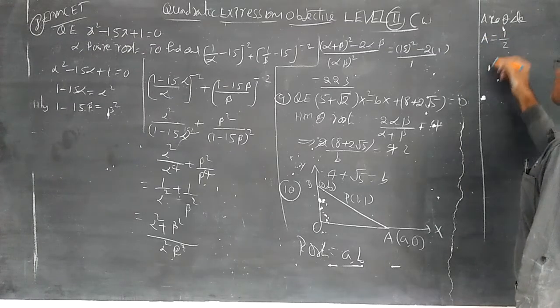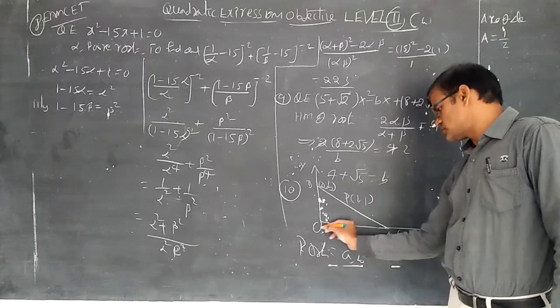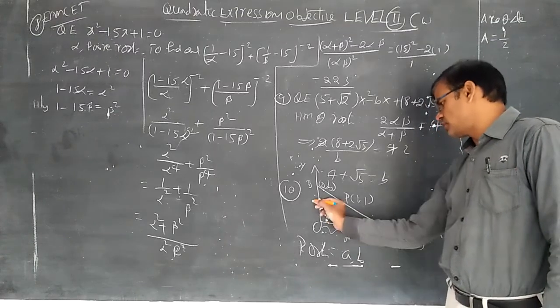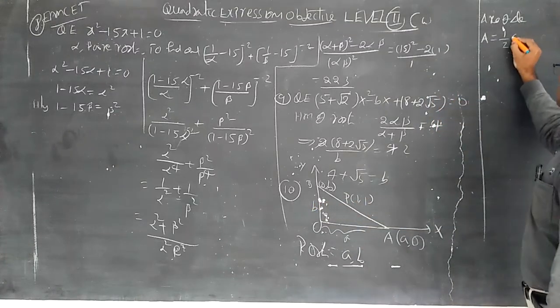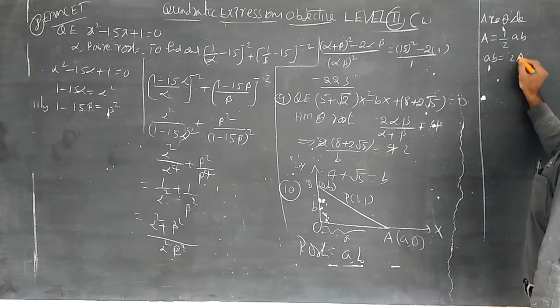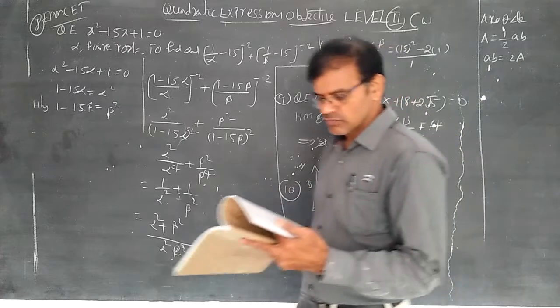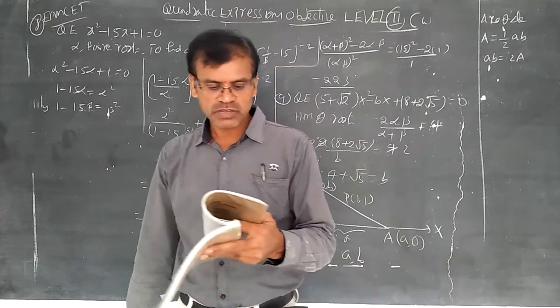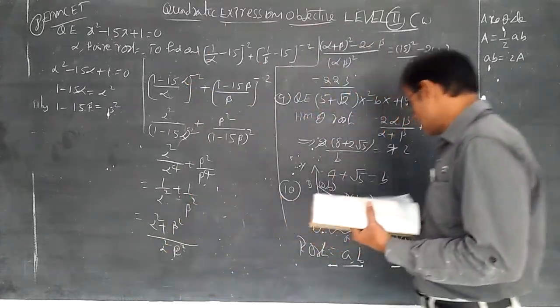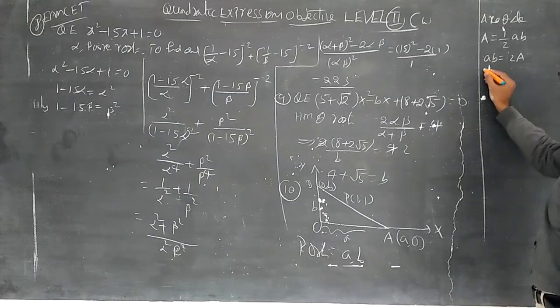We know that the area of the triangle formed with the coordinate axes is 1 by 2 into ab. So ab is equal to 2 capital A. So the product of roots should be 2 capital A, which rules out the 4th option. Now the sum: the line passes through (1, 1).